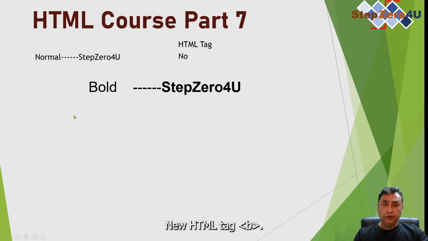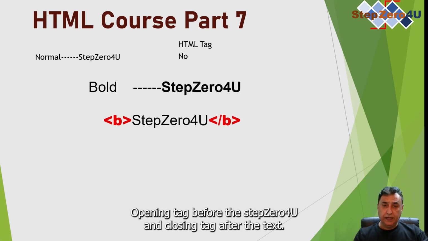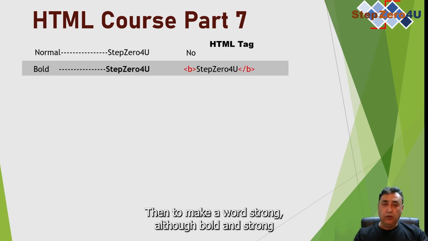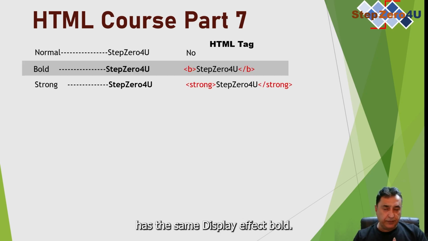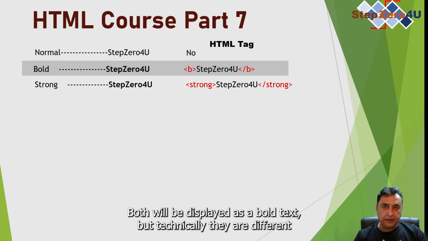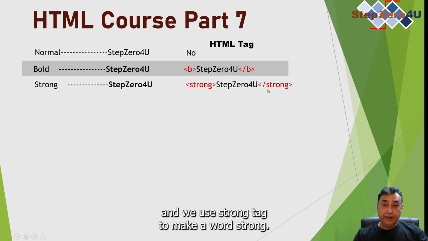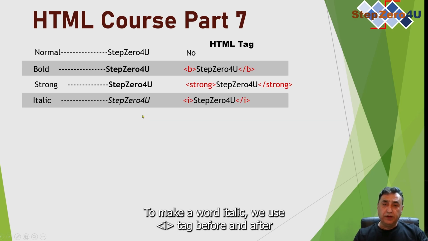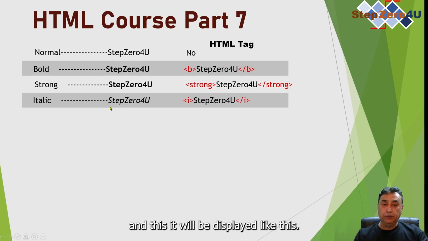To make it bold, we use HTML tag B, opening tag before the step 0 for you and closing tag after the text. Then to make a word strong, although bold and strong have the same display effect, both will be displayed as bold text, technically they are different, and we use the strong tag to make a word strong. To make a word italic, we use the I tag before and after, and it will be displayed like this.